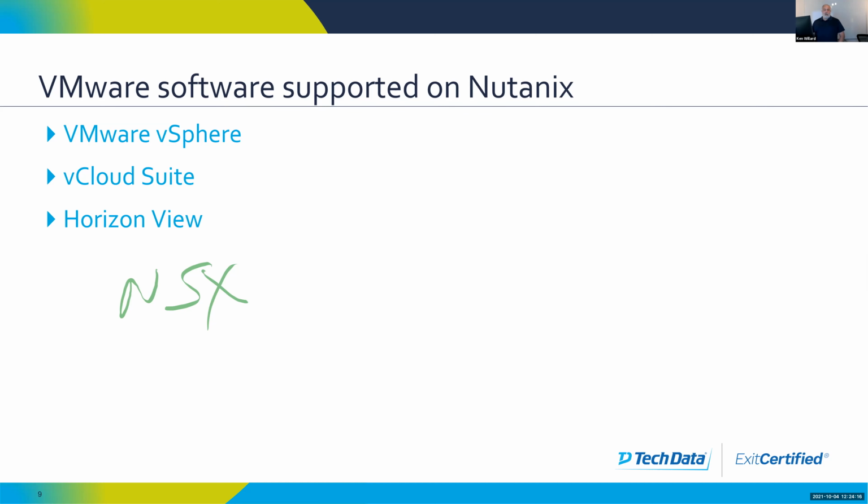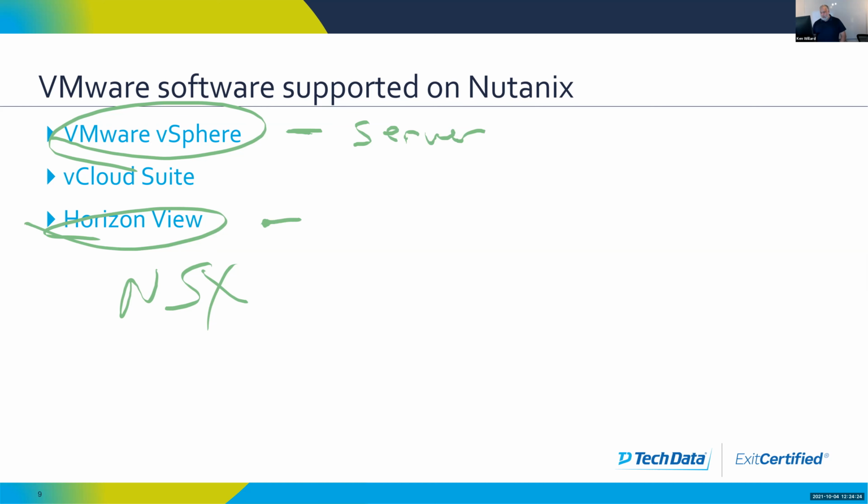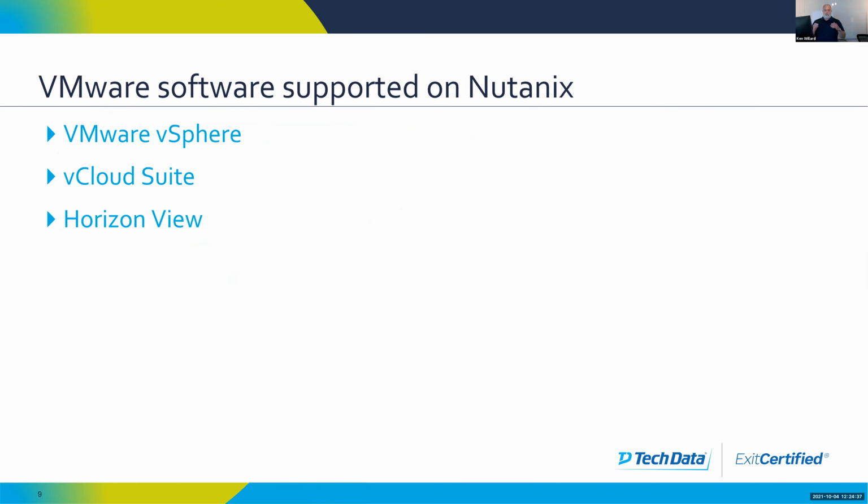So for most organizations today, it's sort of the first and the third. They care about core server virtualization. And then obviously, if they're working on virtual desktops, which has been more of an emphasis over the last 18 months, Horizon View is fully supported there. So those are the software components or the software stacks that are supported on the Nutanix distributed storage fabric.